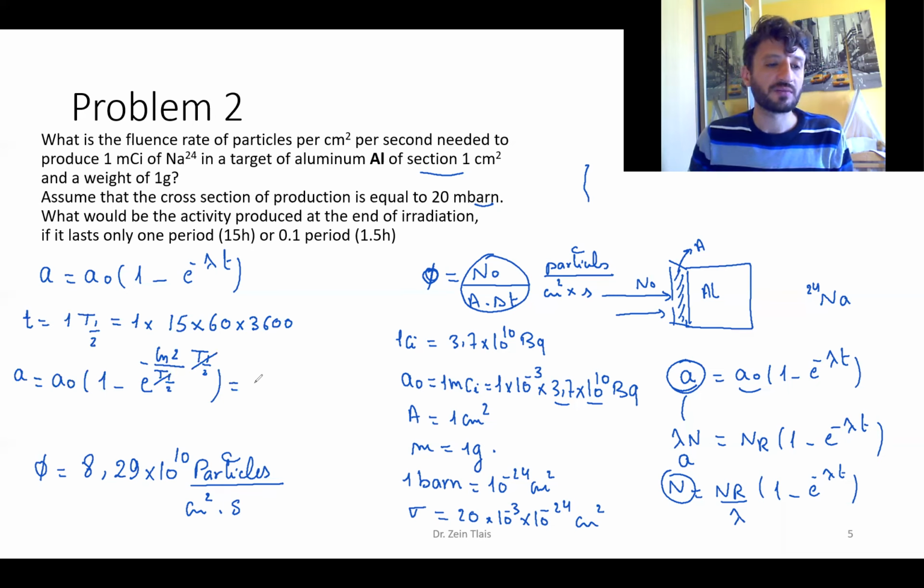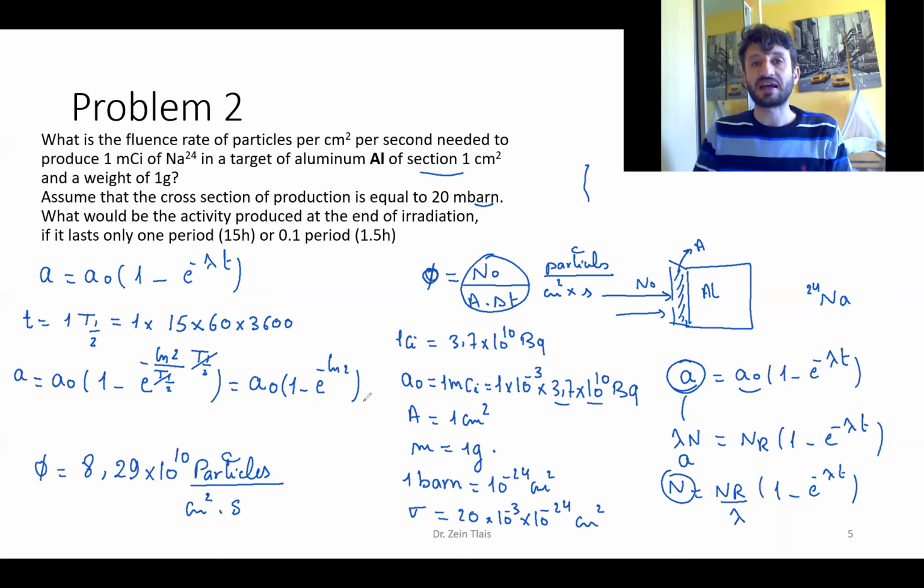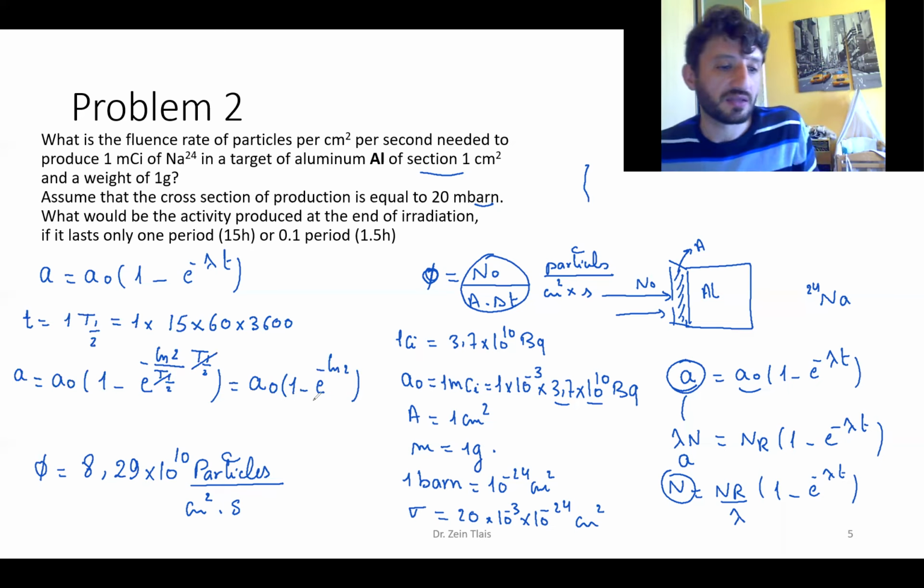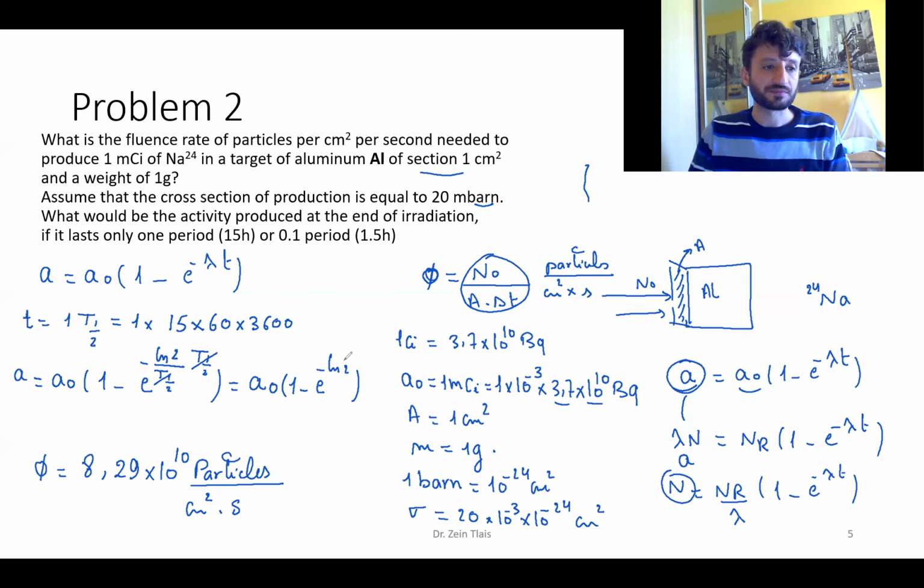We get the activity at this time equals A0 times 1 minus exponential minus ln 2. We have the value of A0, so we can calculate the value of the activity in particles per unit time. This is the value of the activity at a time of 1 period, of 1 half-life.